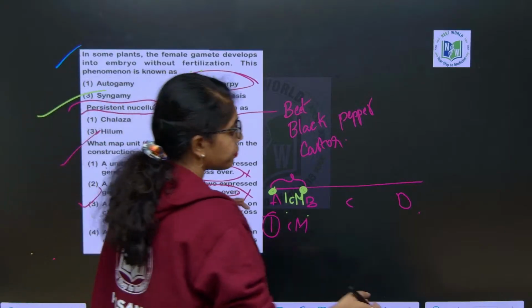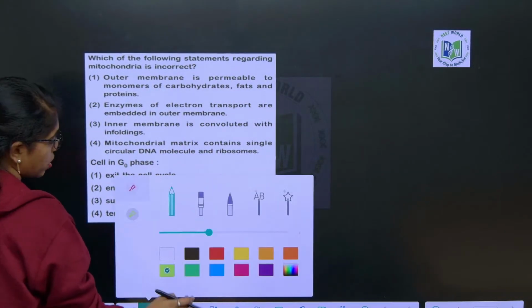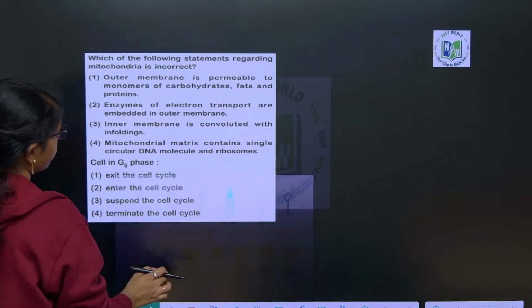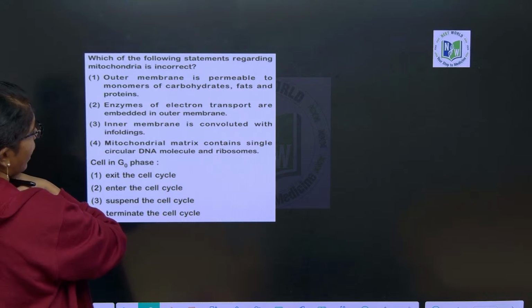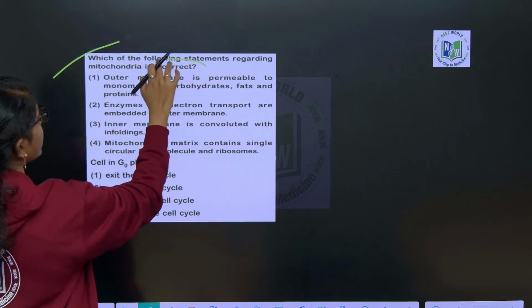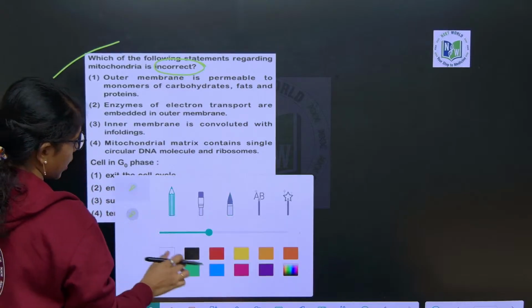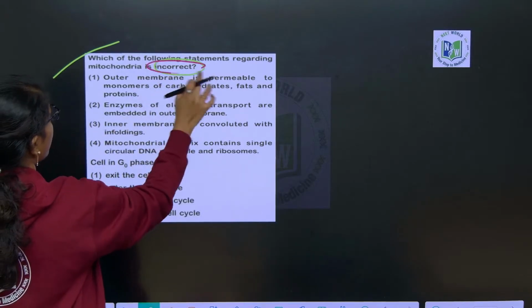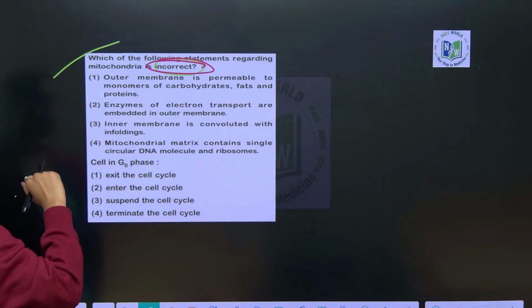And next if you see, which of the following statements regarding mitochondria is incorrect? Again, incorrect statement we have to look into. Outer membrane is permeable to monomers, carbohydrates, fats and proteins.